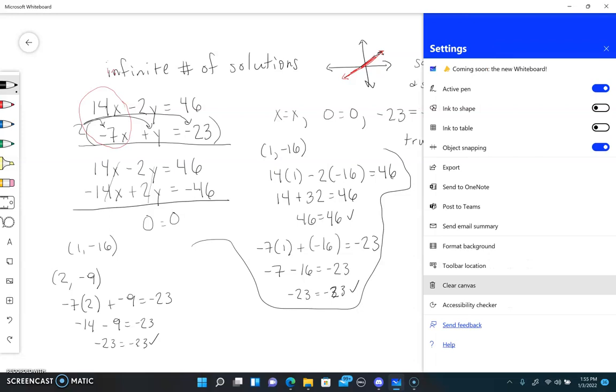Okay, now we're going to talk about that last possibility, which is when you have no solution. Okay, so infinite solutions means anything that works in one works in the other. Here, no solution means that nothing's going to be a solution to both of these at the same time.